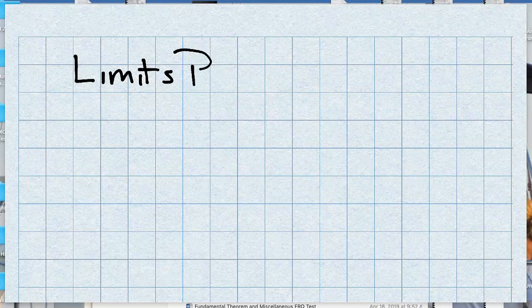Well, you guys, I'm just going to do a quick limits review for you. If this is going to be on the AP exam, I think there might be one question on there with regard to limits. I'm not sure how it'll be tested.